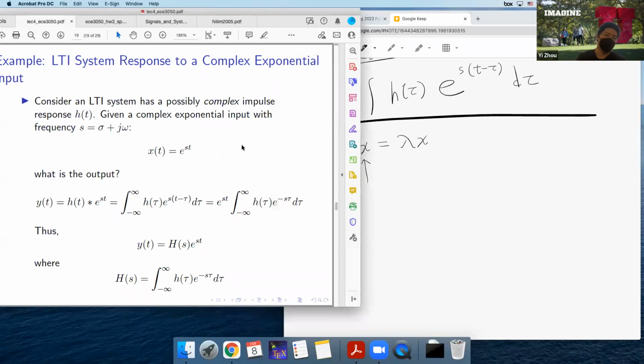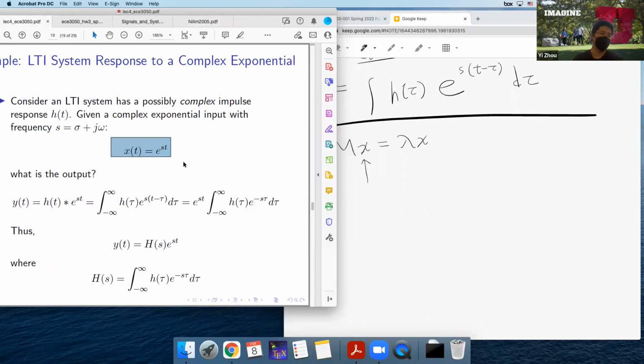Now, if you look at this LTI system, it's exactly the same story. If we feed this type of input signal to the system, the output is a scaled version of the input.